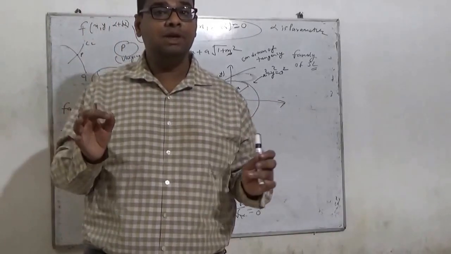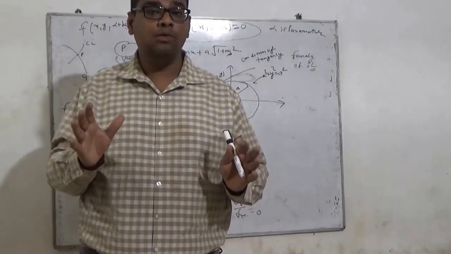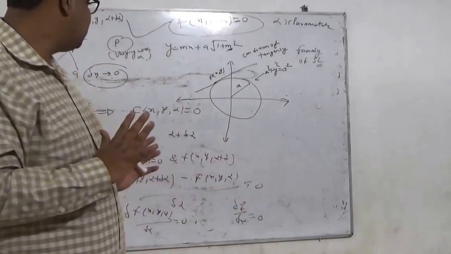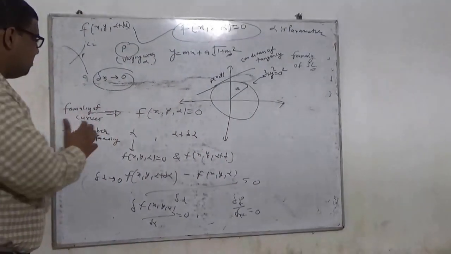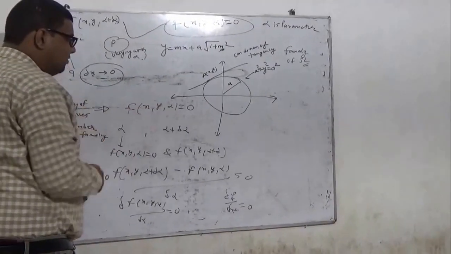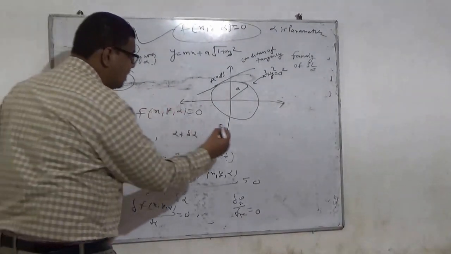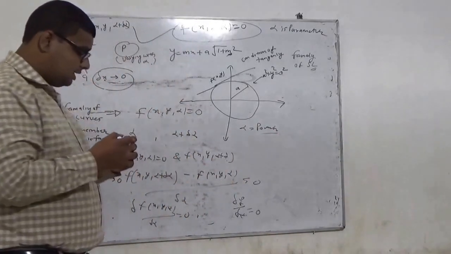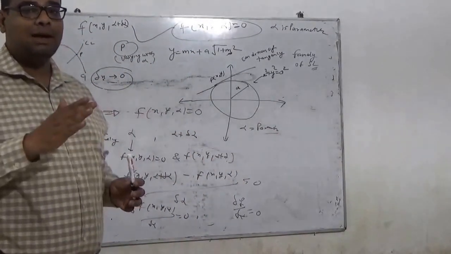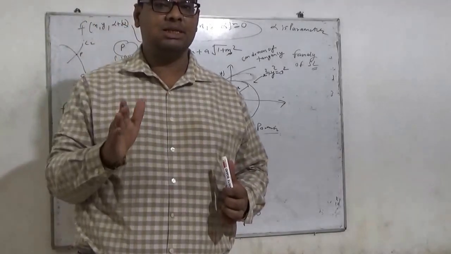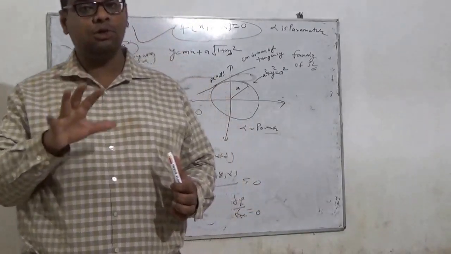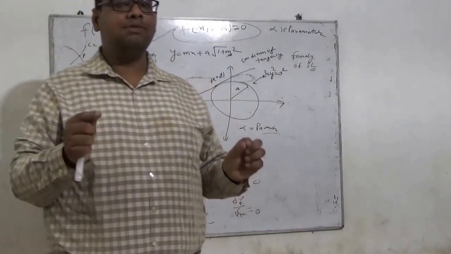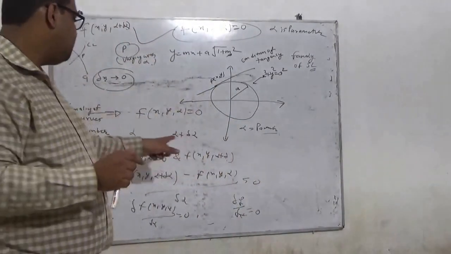So how will we find the envelope? What is the method to find the envelope? Let's suppose we have the family of curves f(x, y, alpha) equal to 0, where alpha is the parameter, which means that a single family of curves can be expanded into different equations according to the values of alpha. Let's consider two members, one for alpha and one for the neighborhood alpha plus del alpha.